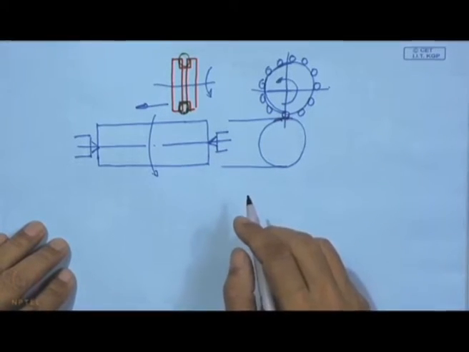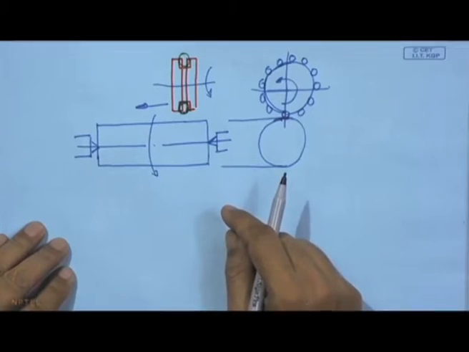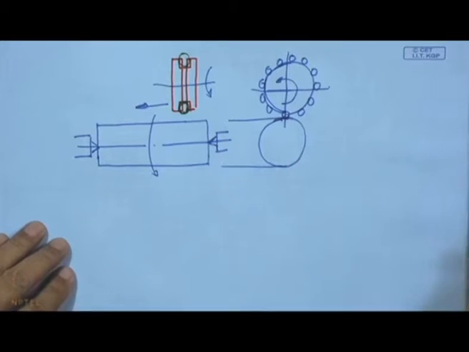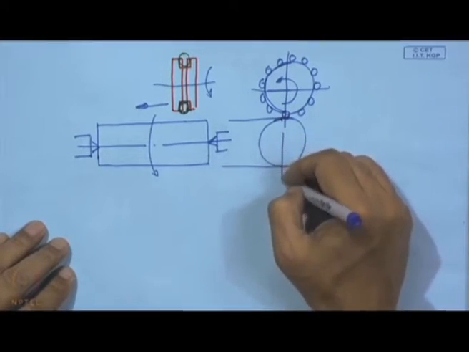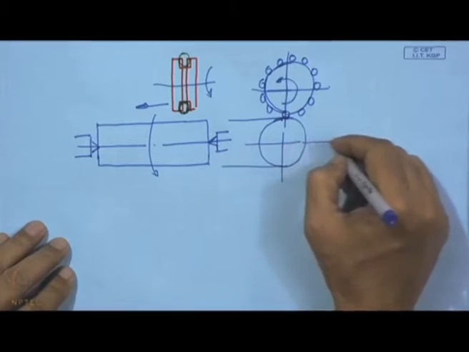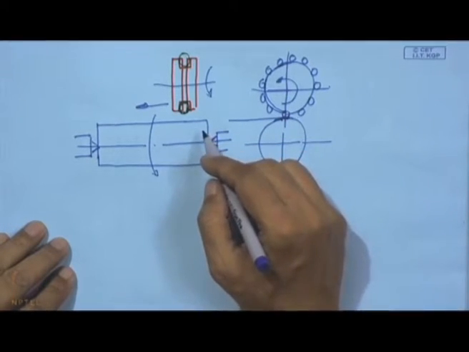With this plastic deformation we get a very smooth finish over this surface, and by this plastic flow we can get a better finish.